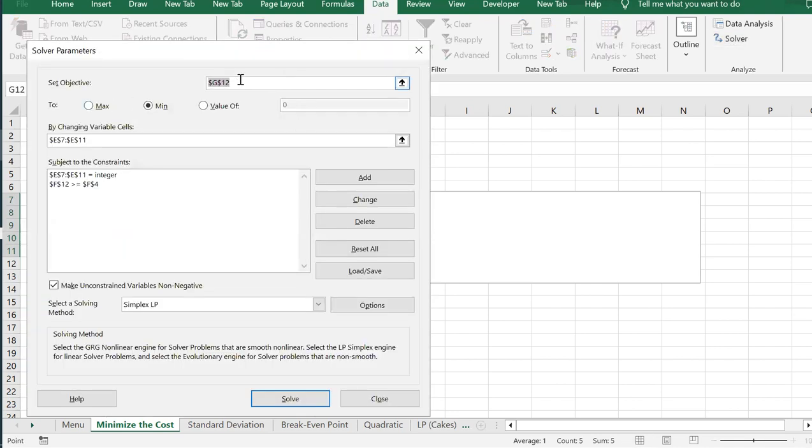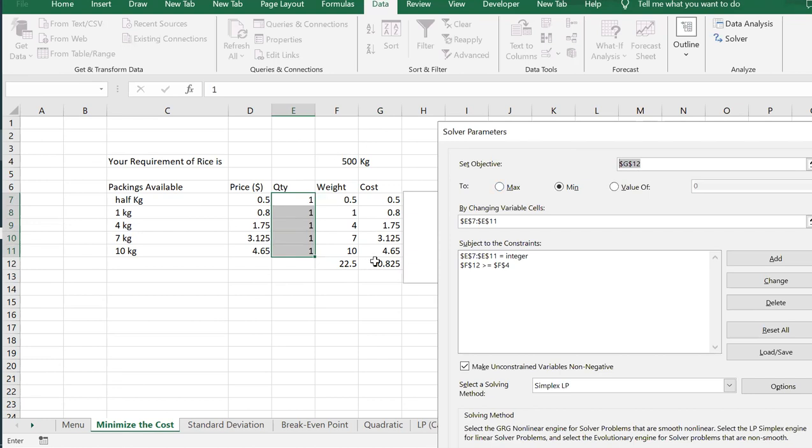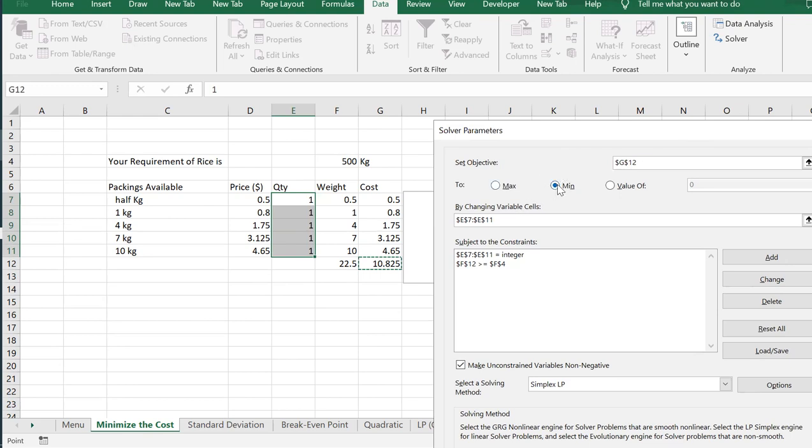The first thing you specify is your objective. Our objective is G12, because we want the minimum optimized cost to be here, right? So we want G12 to be minimized.